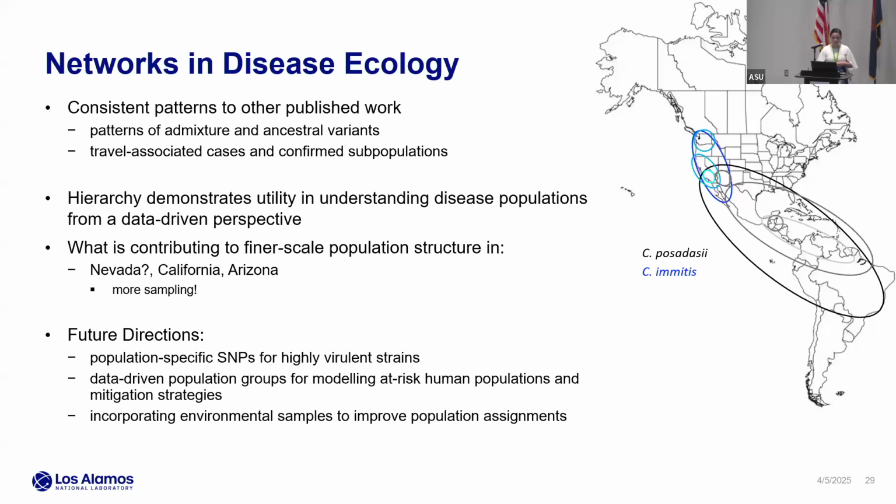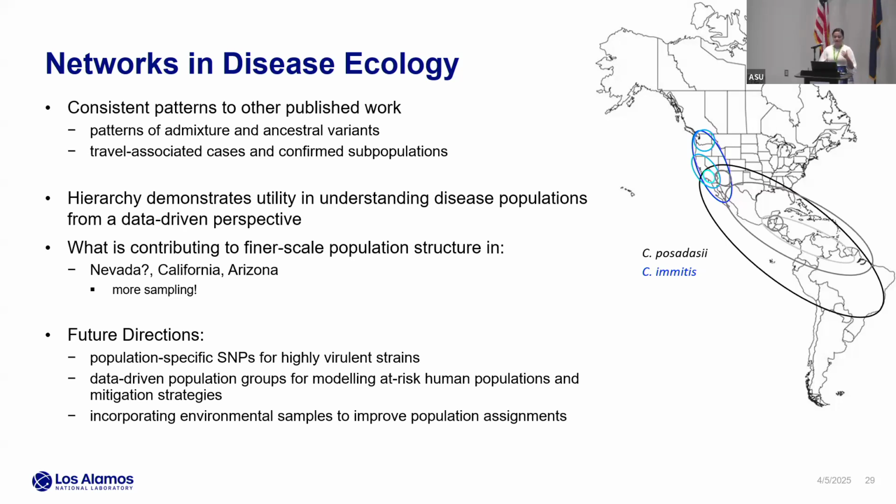And so to wrap this all up, I hope that this demonstrates the utility of a hierarchical network analysis in understanding population structure from a data-driven perspective. This doesn't include any geographic information and just relies on patterns in the genome from dense SNP data.